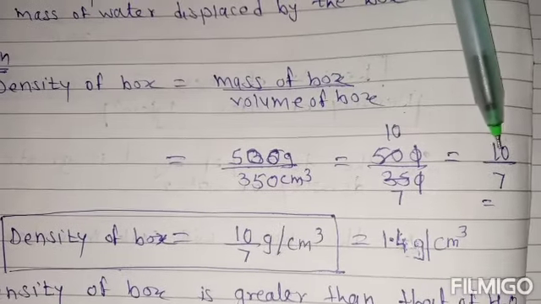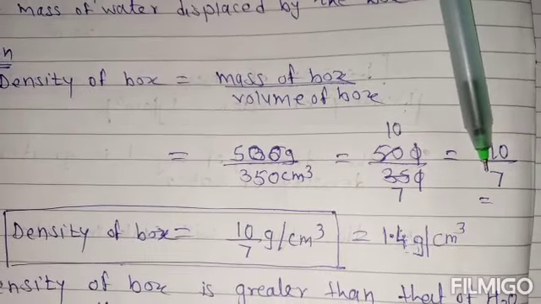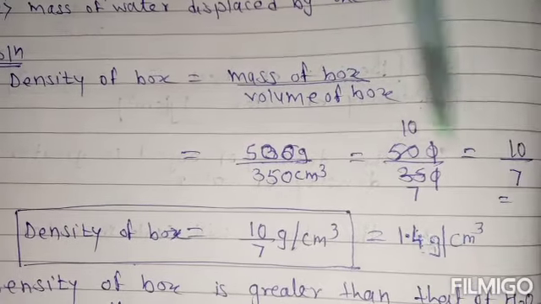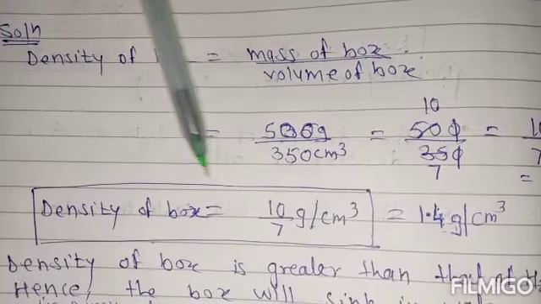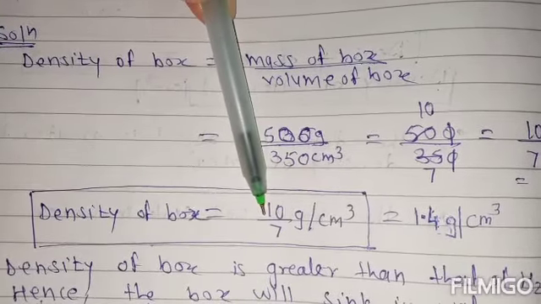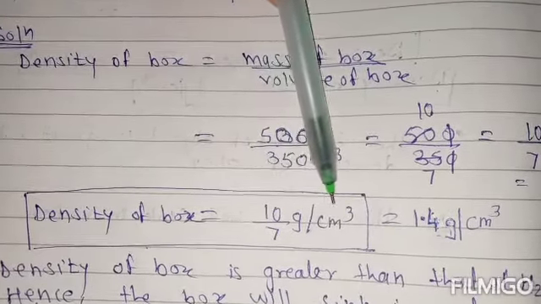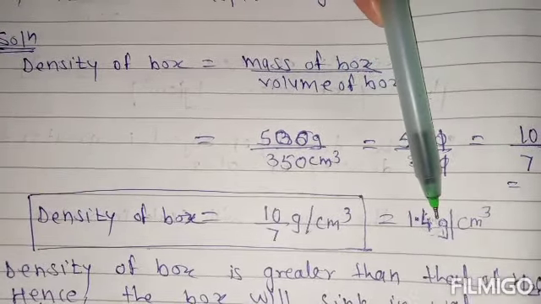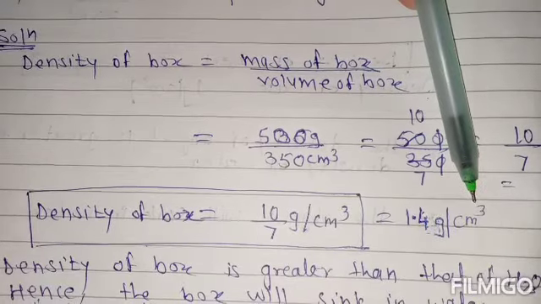So we get 10 by 7 gram per cubic centimeter, which is equal to 1.4 gram per cubic centimeter.